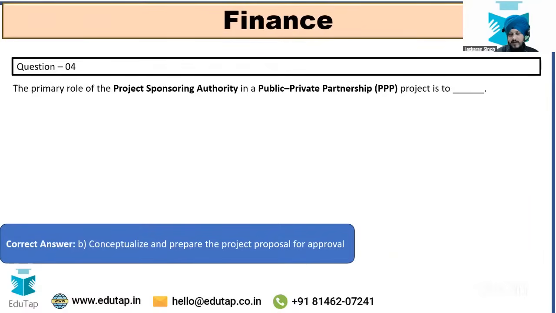Based on my interaction with the students, one of the options was: conceptualize and prepare the project proposal for approval. So this option was there. Can you confirm? Was it one of those options in the examination?